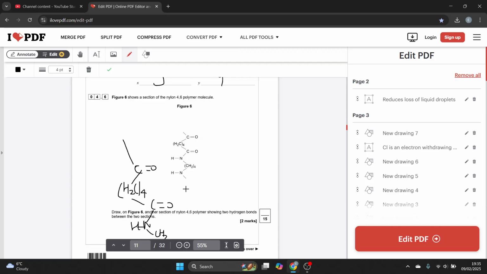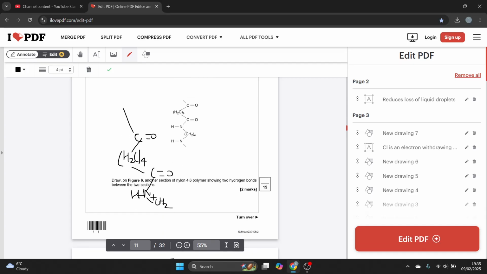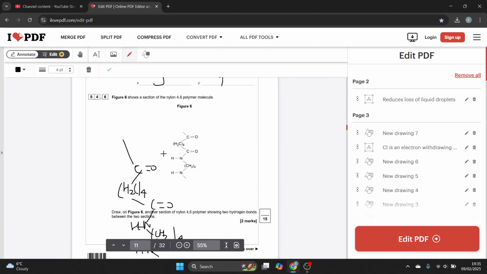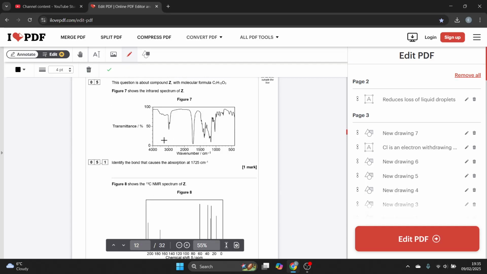All I'm doing is drawing this out again. Another section where I'm showing 2 hydrogen bonds, and H there. Obviously I should do it directly, but I guess this is fine. And then that's 1 hydrogen bond, and then the lone pair of electrons here. That's another hydrogen bond, but it should be directly aligned, so it's just a straight bond like that.